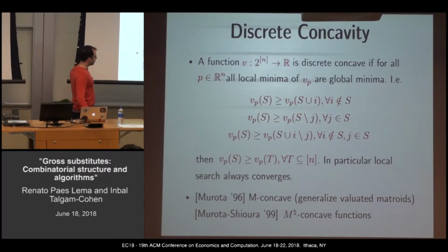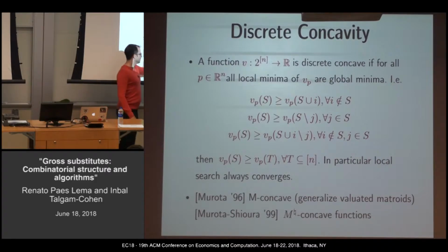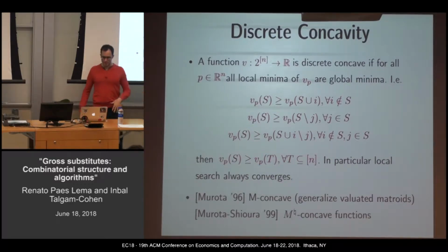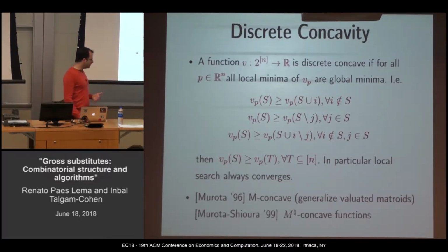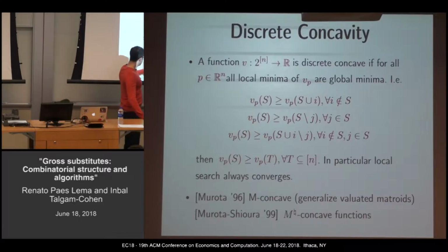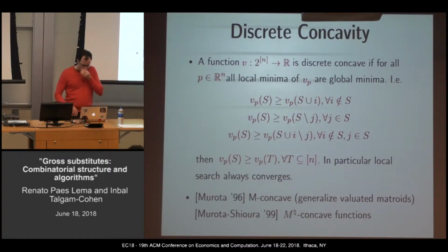And Murota was the first to define this class of functions. He called them M-concave functions. M-concave functions are kind of like valuated matroids, defined on sets of the same cardinality. But there is an extension by Murota and Shioura that defines M-natural concave functions, defined on any set.